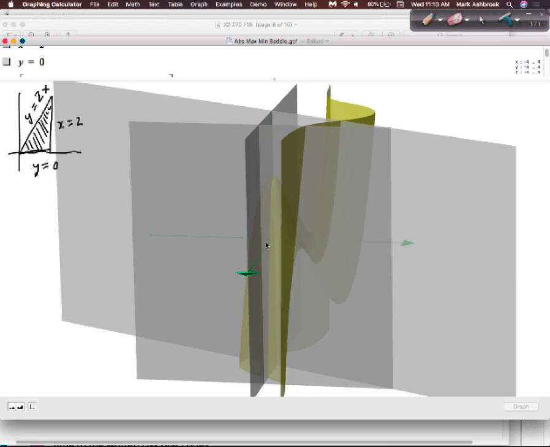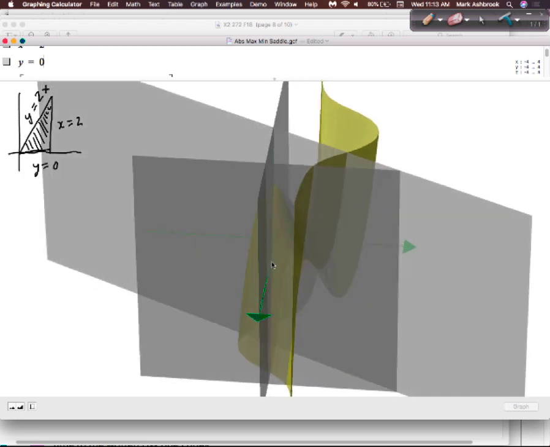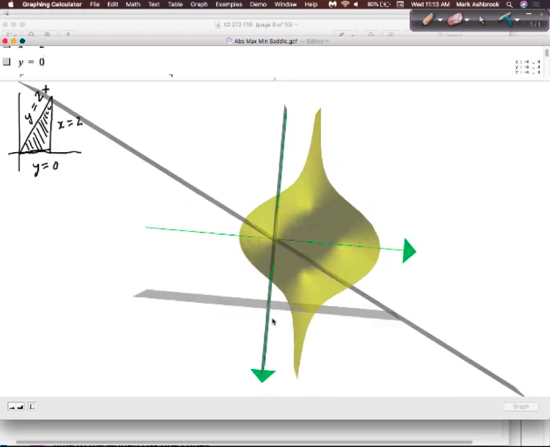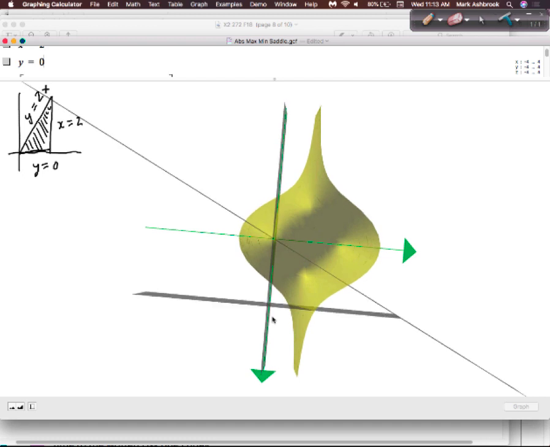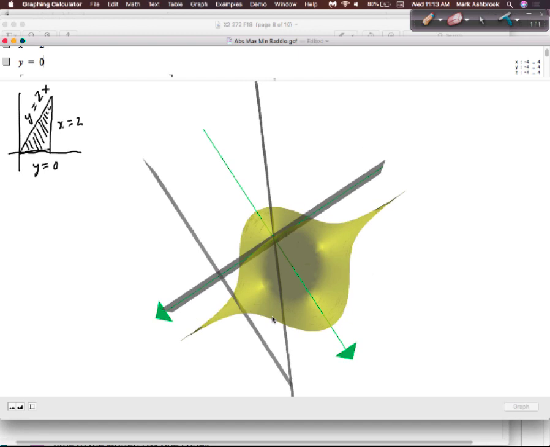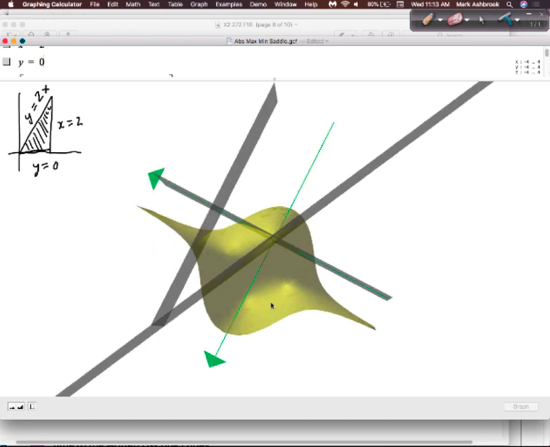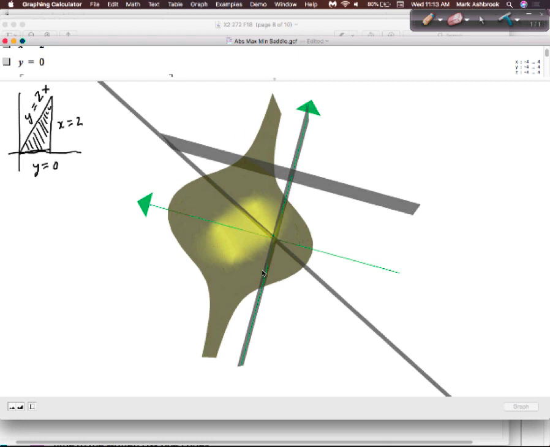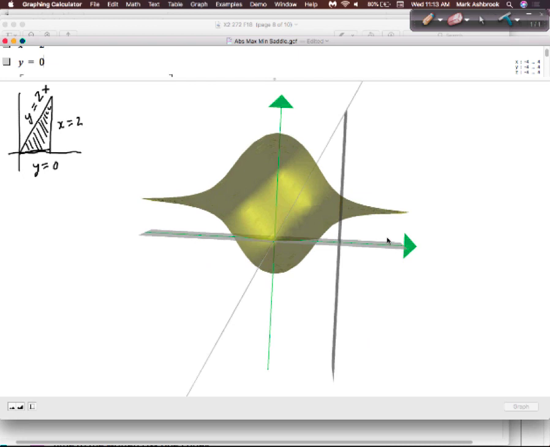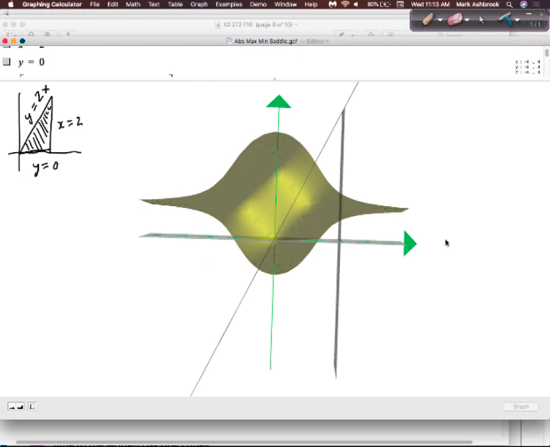But if we look down on this now, maybe this will turn this way. So now I only care about what's going on within y equals 2x, x equals 2, and y equals 0. Something like that. Okay? So now I'm looking down on the z-axis, and I only care about this surface in there.